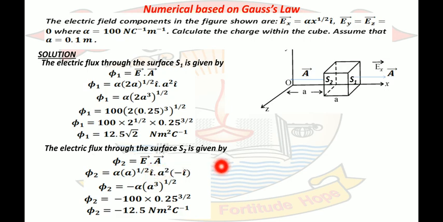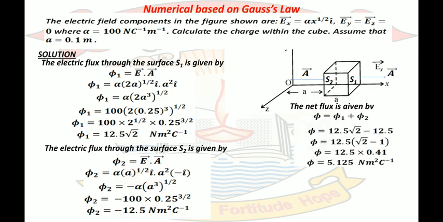If you put in the values, it will be solved accordingly. Now just try to understand the method. The value of phi 1 you want to calculate will be calculated like that. The mistake I made is that a square should also be multiplied. So just multiply this equation by 0.01, it will become 0.125 root 2, and here also it will become 0.125, right?